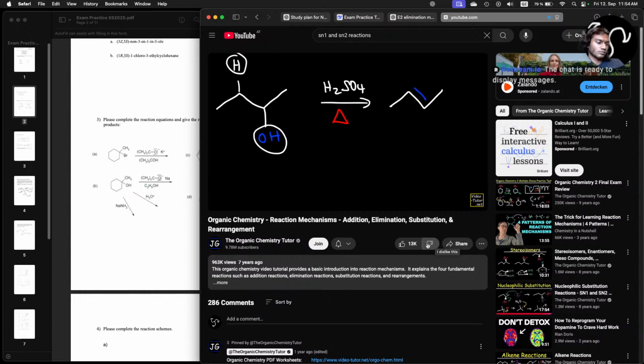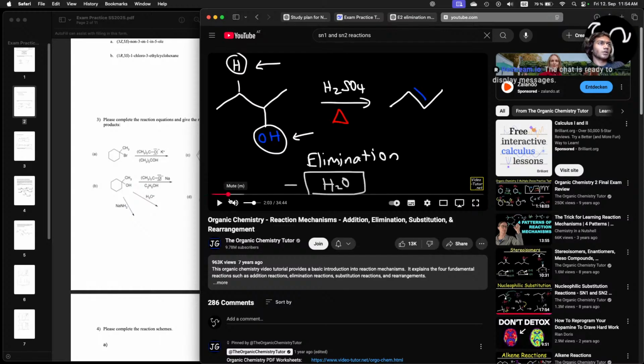And so we're going from a single bond to a double bond. And whenever you see that, it's an elimination reaction. In order to go from a single to a double bond, we need to eliminate or remove two substituents. And when you remove hydrogen and an OH group, you're basically removing water. So this is also called a dehydration reaction.